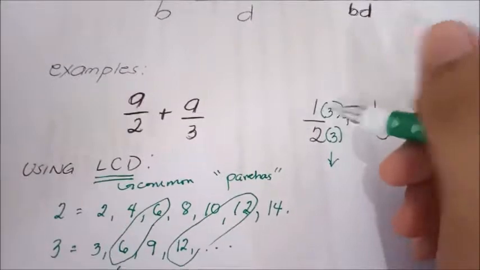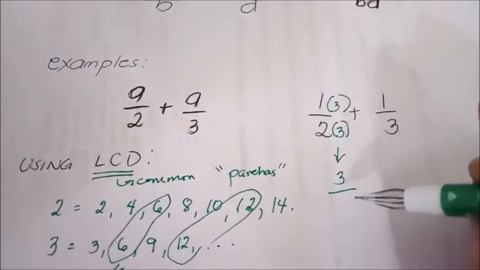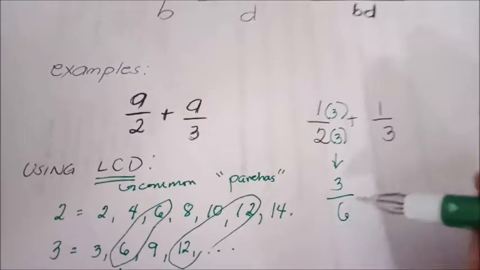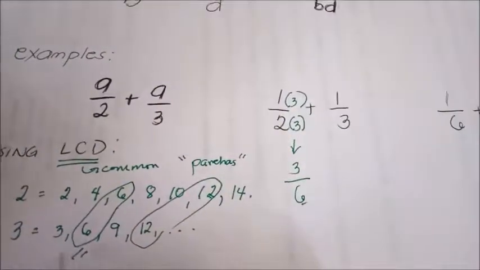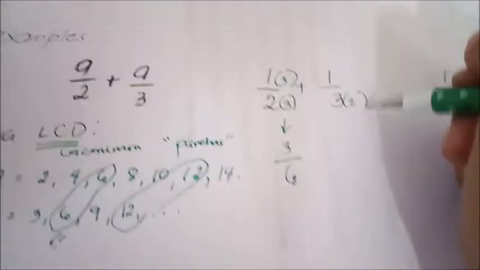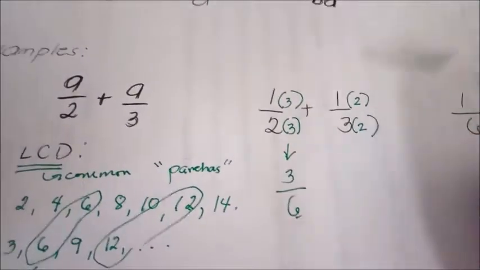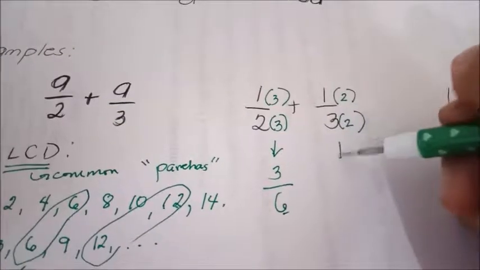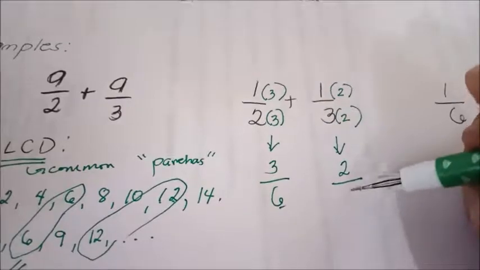Kaya itong fraction na ito, magiging 1 times 3 is 3, 2 times 3 is 6. So, ayun na yung LCM natin. Then, ang 3, since ang LCM mo ay 6, saan mo ita-times ang 3 para maging 6? Diba sa 2? So, kung nag-times ka ng 2 sa denominator, pati sa numerator, magta-times ka rin ng 2. So, this fraction will become 1 times 2 is 2, 3 times 2 is 6.